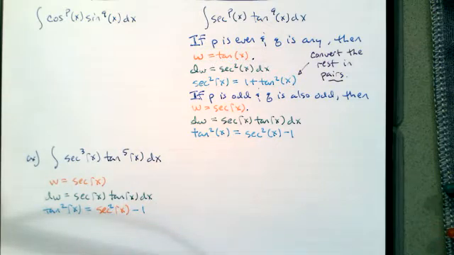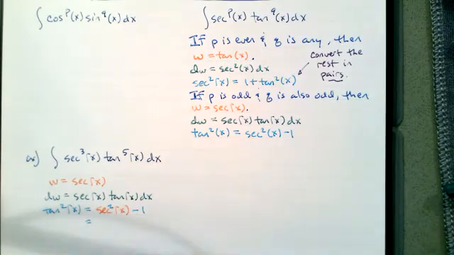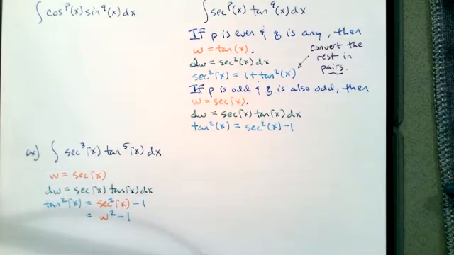I'll write that one in orange because those are going to get turned into w. So the tangent squareds will become w squared minus 1, because that's what we're going for, a polynomial in w.